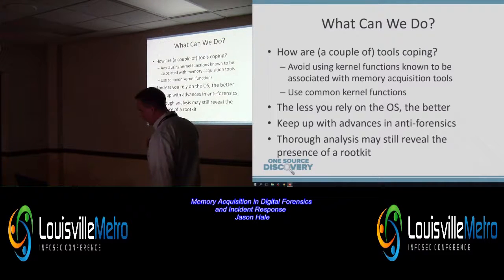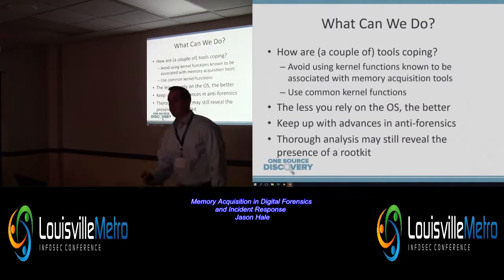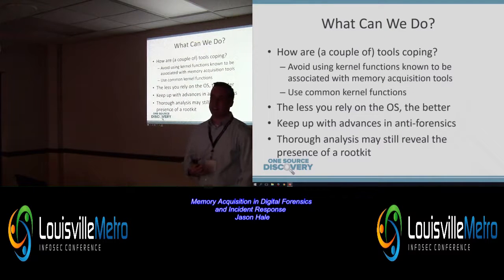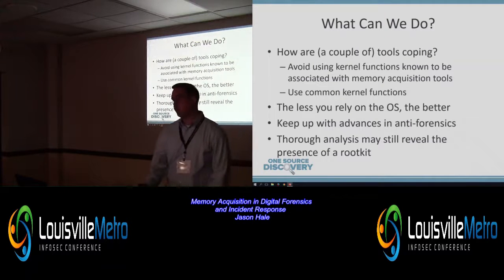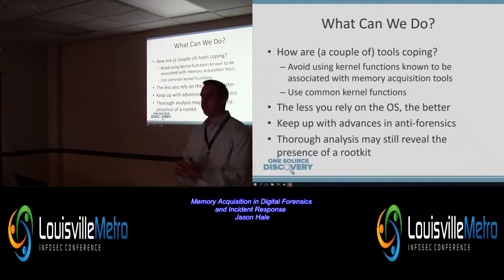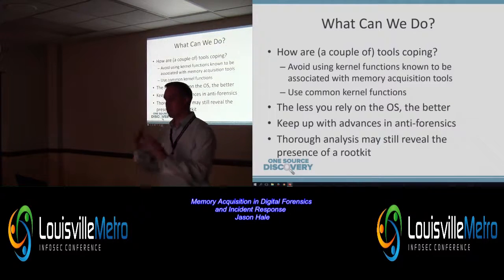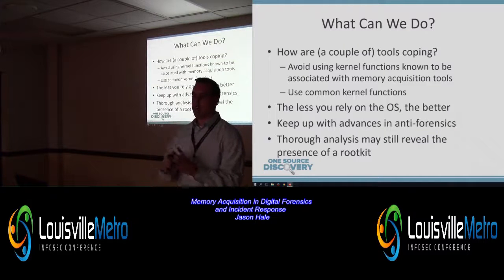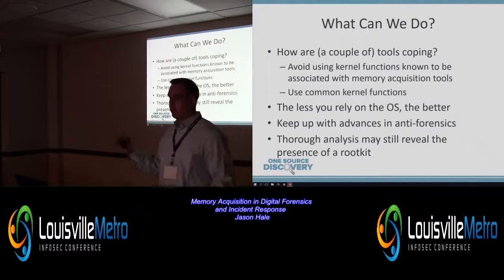And then finally, what you may find out is that thorough analysis of the memory dump, even if there are certain areas that are scrubbed or changed, may still reveal the presence of a rootkit. So the rootkit may scrub certain areas, and you may not have certain parts that you wish you had in your memory dump.